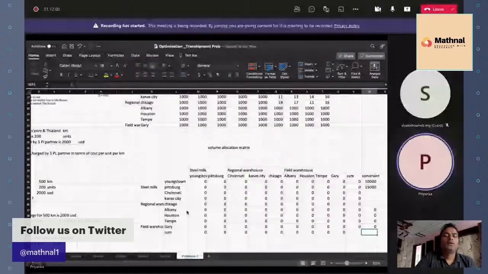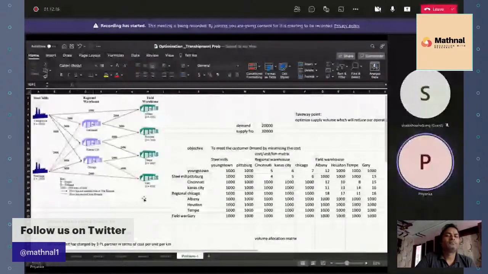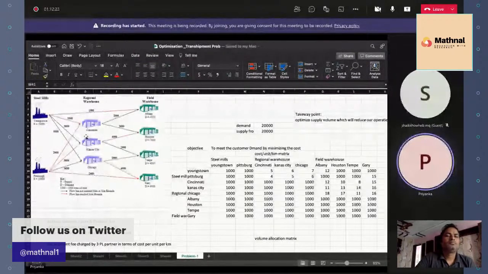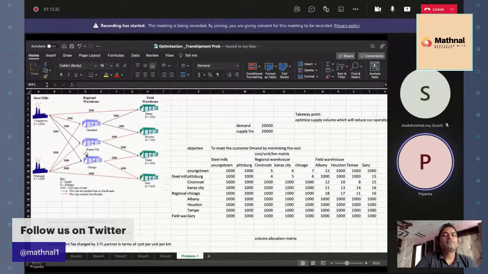Okay. Now we come to Cincinnati, Kansas, and Chicago. They are the transshipment points. Let's go to the diagram and see how much they can dispatch. If you look at this diagram, we have made some changes in this network diagram.